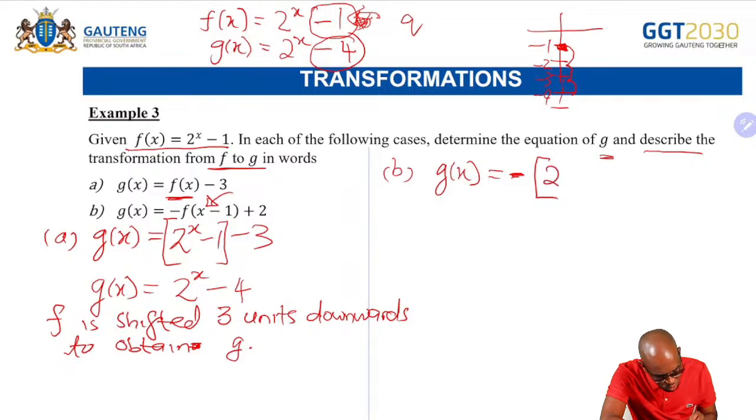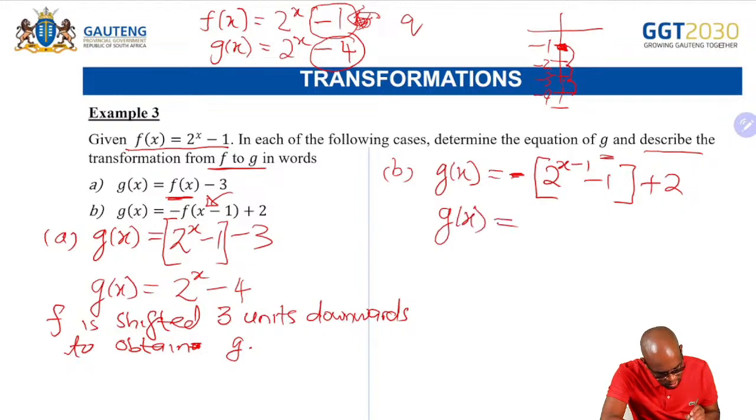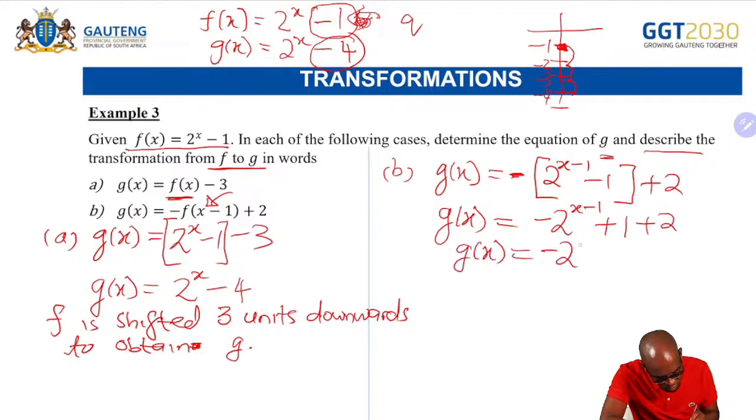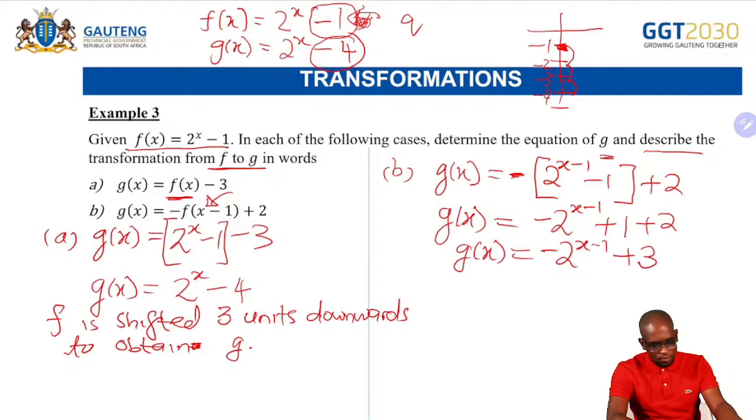So this would be 2 exponent, where we see x we put x minus 1, and then minus 1. And then from there, plus 2. So g of x equals negative 2 exponent x minus 1, and then plus 1 plus 2. So g of x equals negative 2 exponent x minus 1 plus 3, like that.